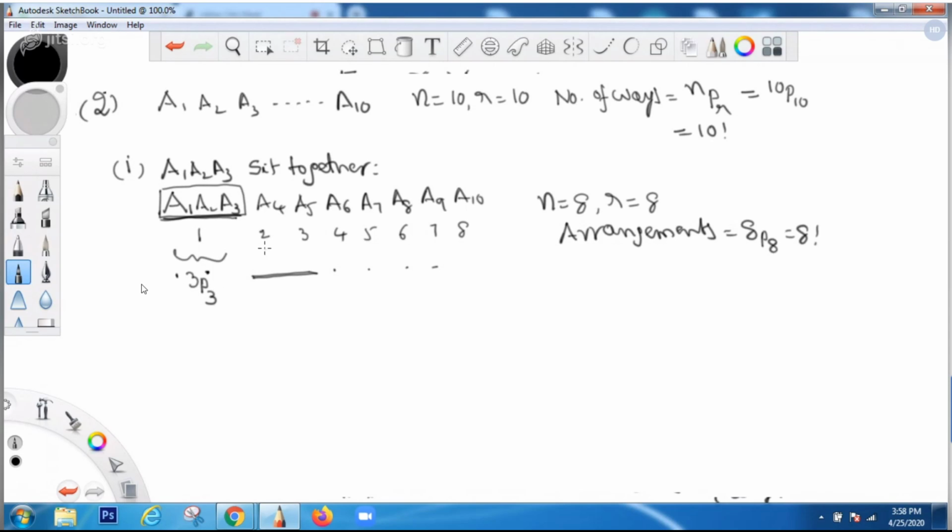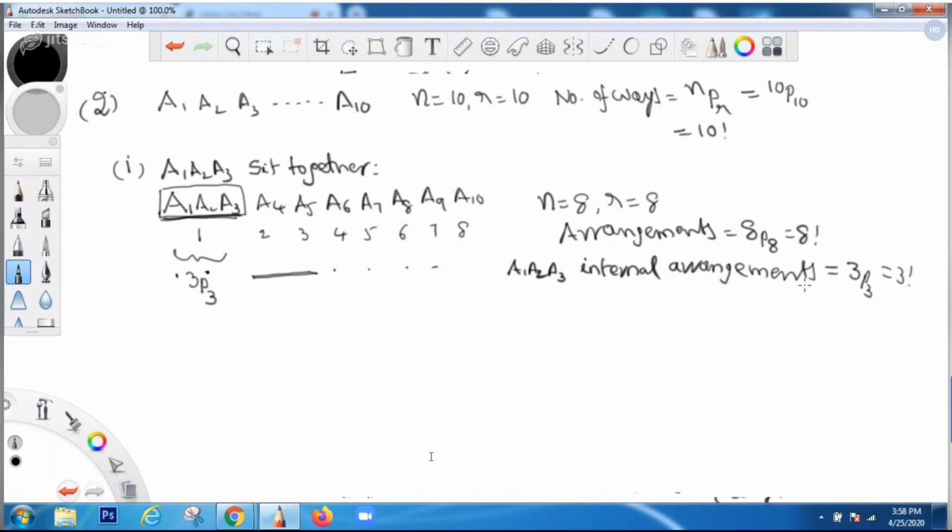The bench and the remaining chairs will move together in 8 factorial ways. A1, A2, A3 internal arrangements is equal to 3 factorial or 3P3.